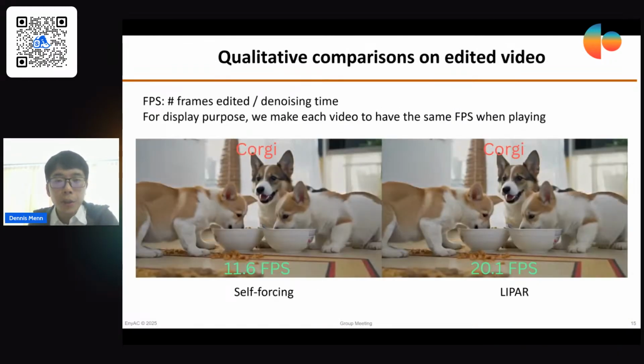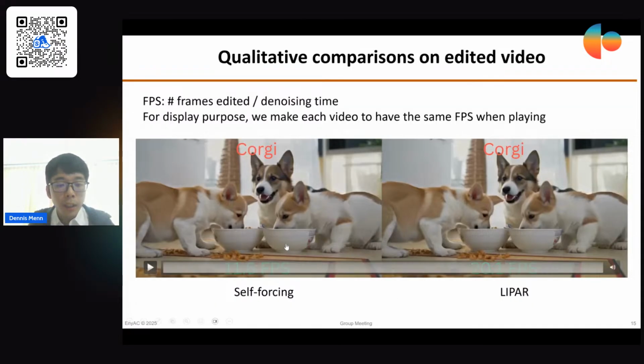Okay, so I will first show the qualitative comparison on edited videos. The videos on the left-hand side are the direct output of the self-forcing model. The videos on the right-hand side are the output from LIPAR, so it's a self-forcing model plus latent inter-frame pruning with attention recovery. When I'm playing the videos, the frame rate is the same.